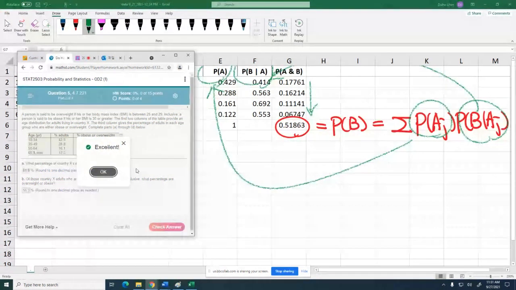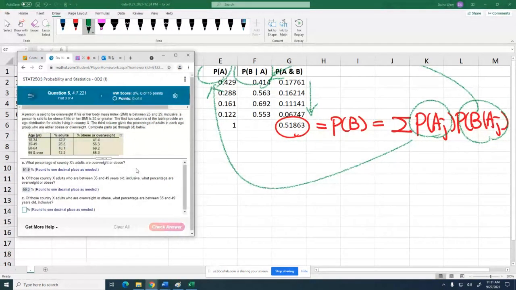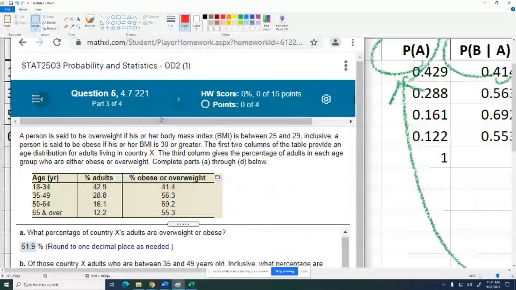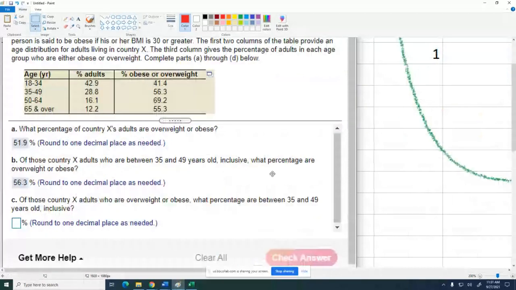Does it make sense, right? And now look at this. Now what? Can you see that? Of whom? Overweight, given B, right? What do we need? What is the percentage of A2? Now it is A given B.